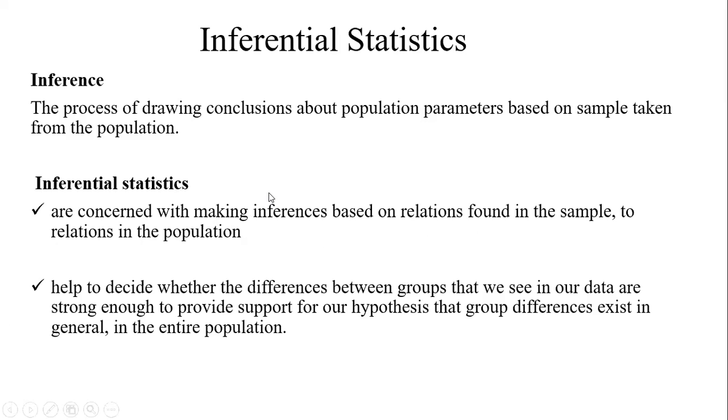So other than generalizing the results, if we want to find any relationship among variables in our samples, we use inferential statistics. Also, it helps to decide whether the difference between groups that we see in our data is strong enough to provide support for the hypothesis that the group difference exists in general in the entire population.